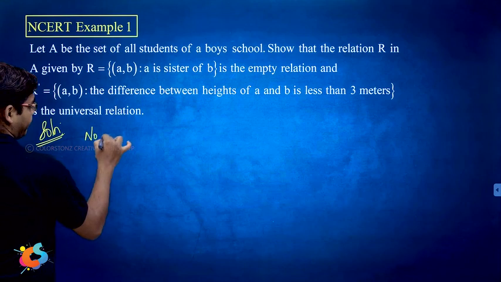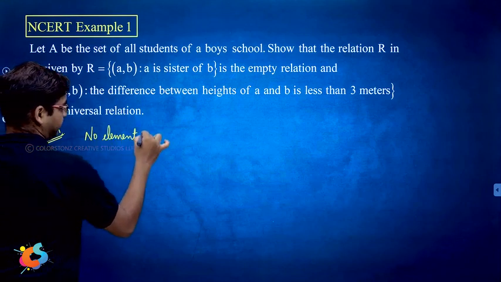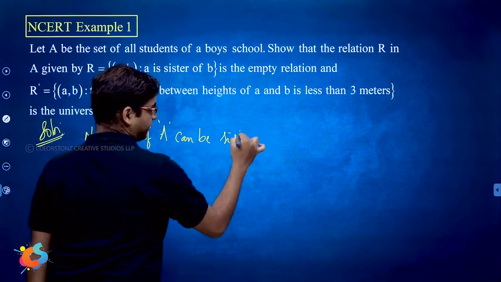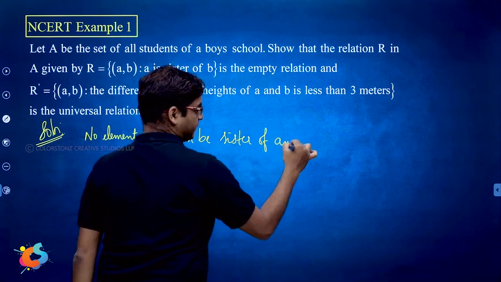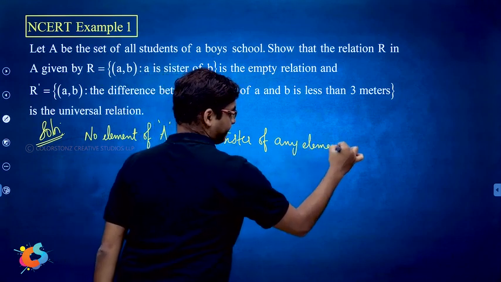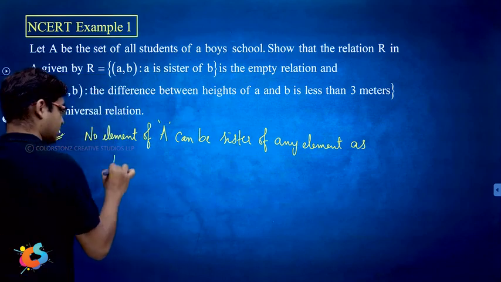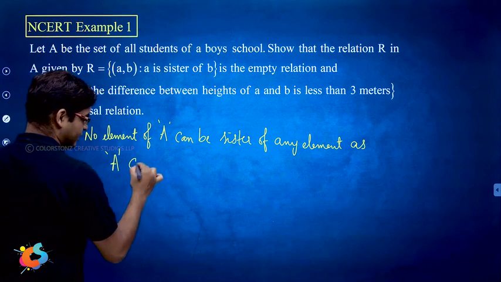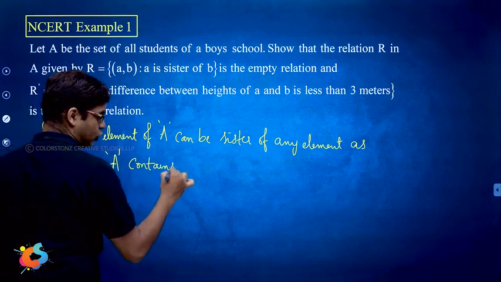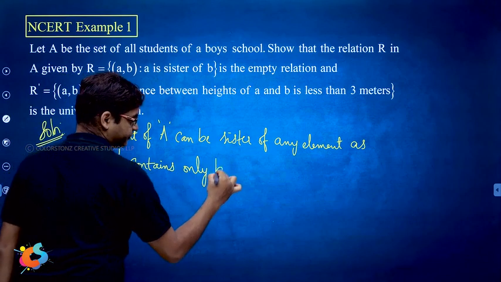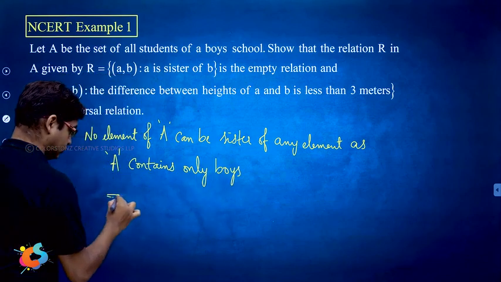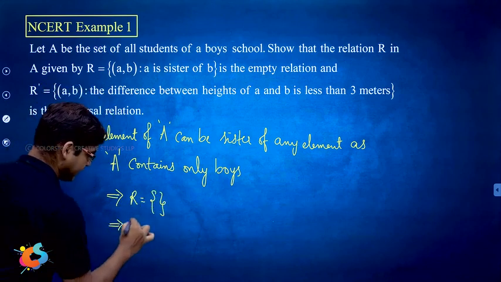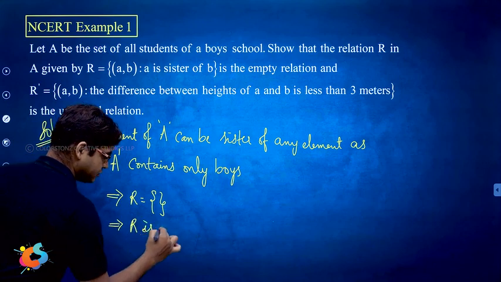No element of A can be sister of any element, as A, capital A, means it is set A. So capital A contains only boys, implies R is equal to null set, implies R is an empty relation.